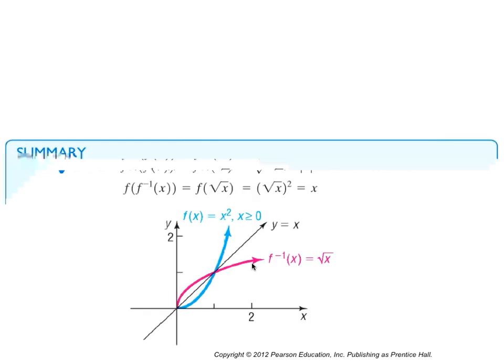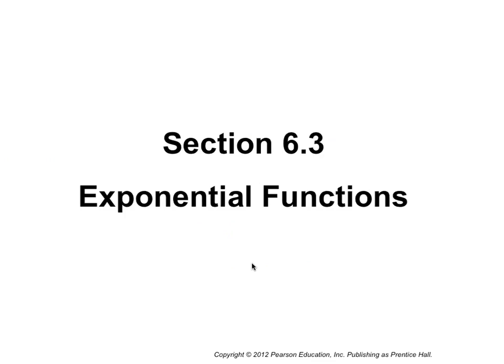If we want to verify that f inverse is the inverse of f, we need to take f of x, plug it into f inverse, and make sure that is x. And we also need to take our inverse function, plug it into f, and make sure that is x as well. The graphs of f and f inverse are also symmetric with respect to the line y equals x.